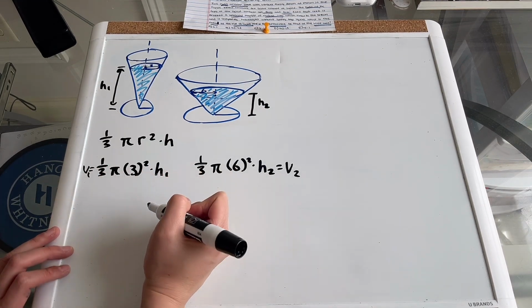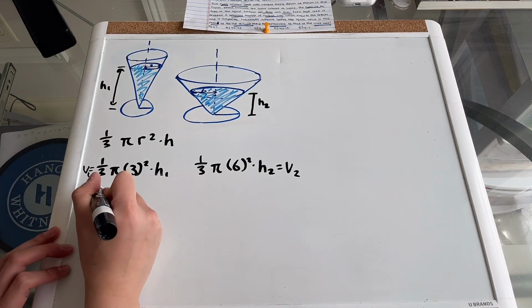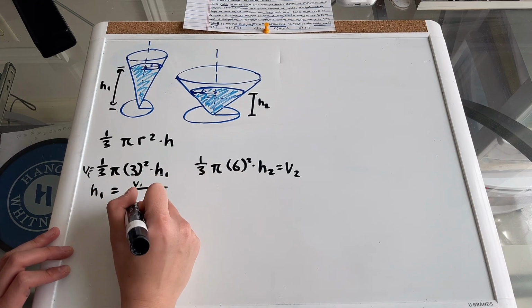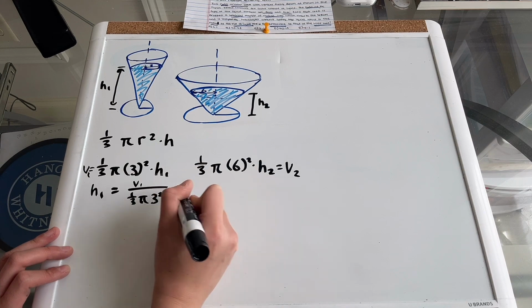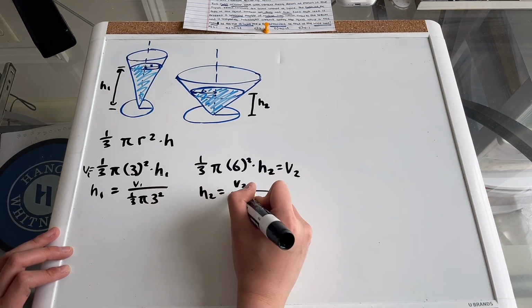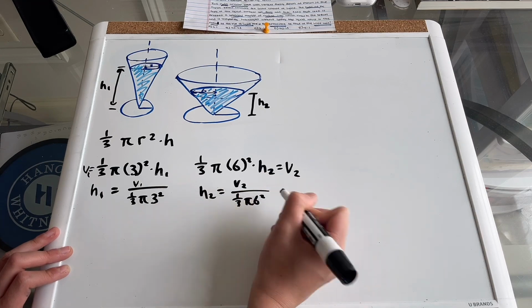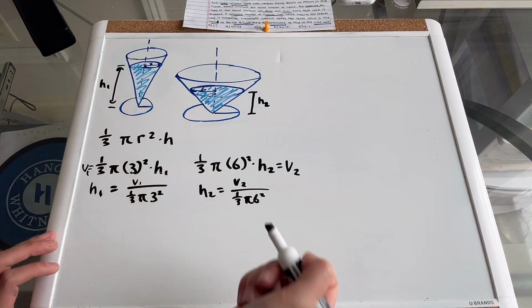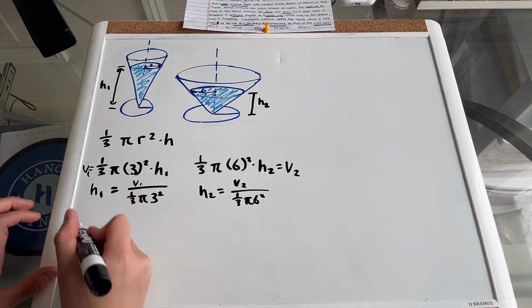How do we do this? Well, we can put h1 by itself. So h1 would equal V1 over 1/3 pi times 3 squared, and h2 would equal V2 over 1/3 pi times 6 squared. And it says that the amount of liquid in each of these is the same, so V1 is equal to V2.